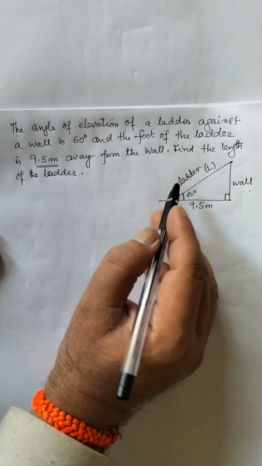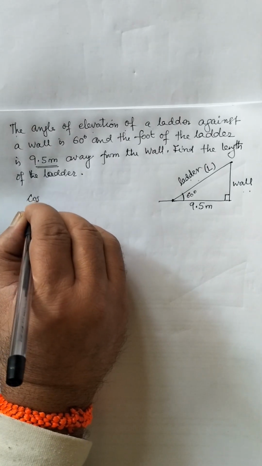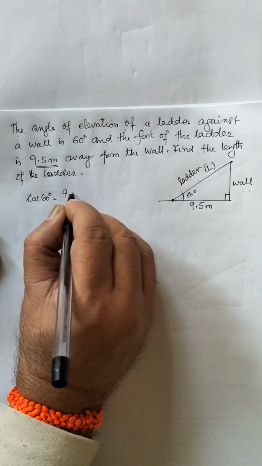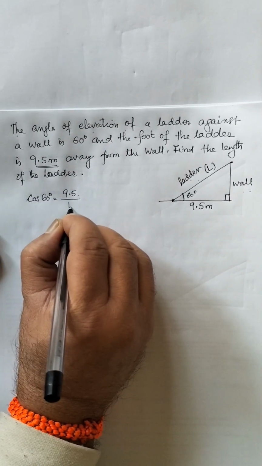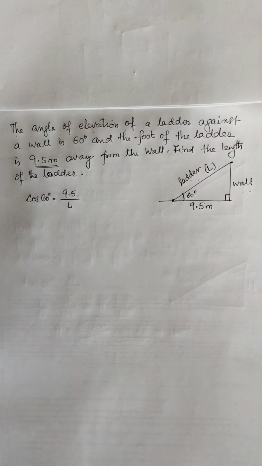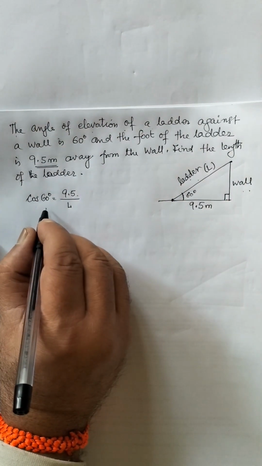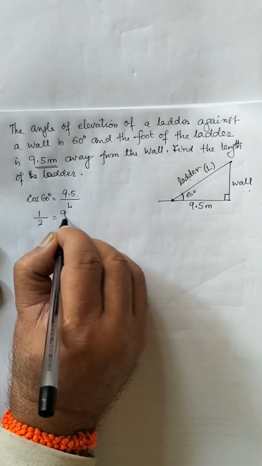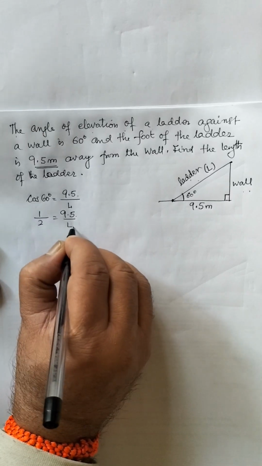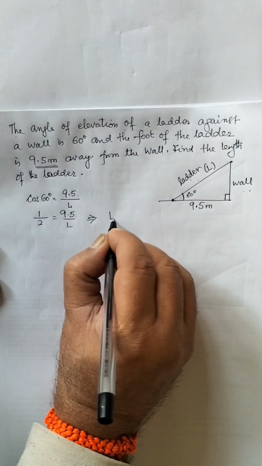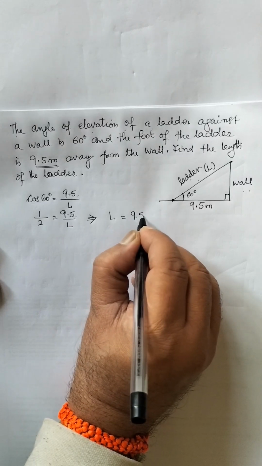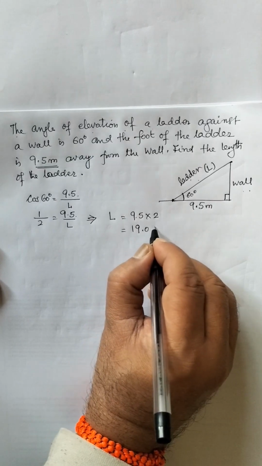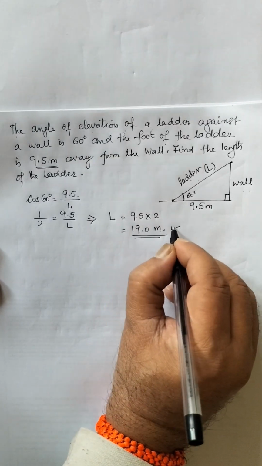Adjacent and hypotenuse means we consider cos 60 degrees is the adjacent side, that is 9.5 on L, and the value of cos 60 is 1 by 2, so 1 by 2 is 9.5 on L. That implies L is equal to 9.5 into 2, which is 19 meters, our final answer.